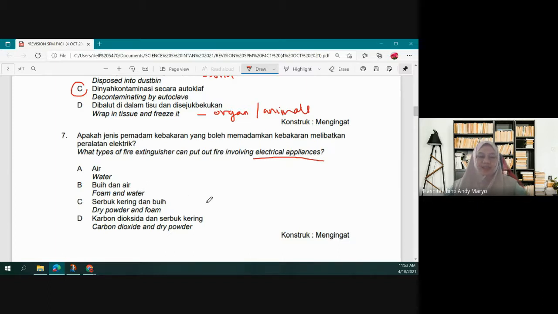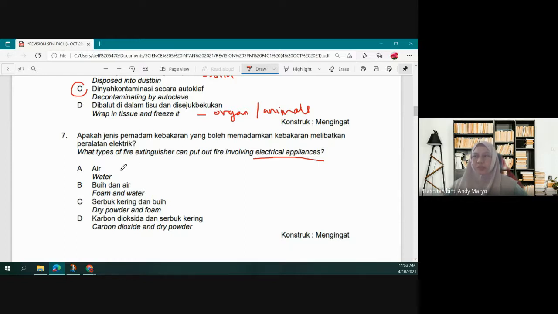Any idea? Ada jawapan lain? Are you answering number 7, Fang Sun, or number 6? You're answering number 7, C. So for electrical appliances, you cannot use any fire extinguisher which contains water or which can produce water.